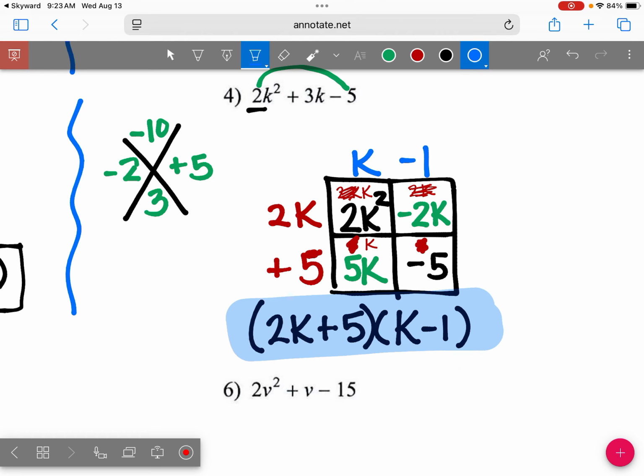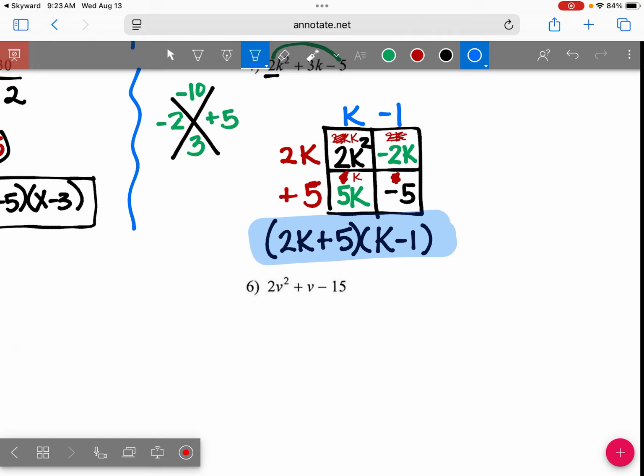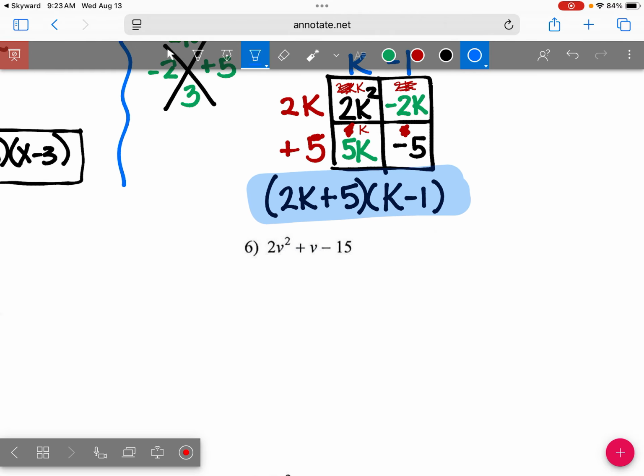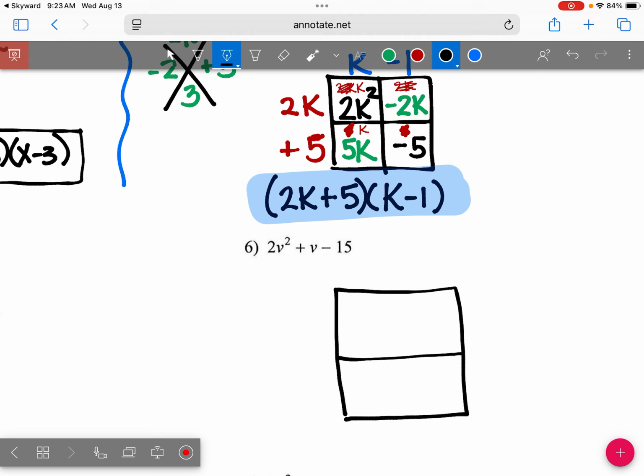All right, we're going to jump down to 6. We'll come back to 5. 6, just like number 4, we don't have a GCF. So we're going to go straight to our box because A is not 1. So I got my 2V squared here and my -15 here.